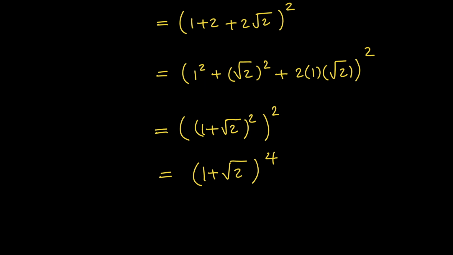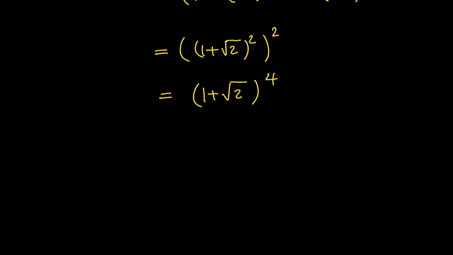Now, notice that if I multiply the square root of 2 plus 1 by the square root of 2 minus 1, I'm going to get 2 minus 1, that is 1, which means that the square root of 2 plus 1 and the square root of 2 minus 1 are reciprocals.